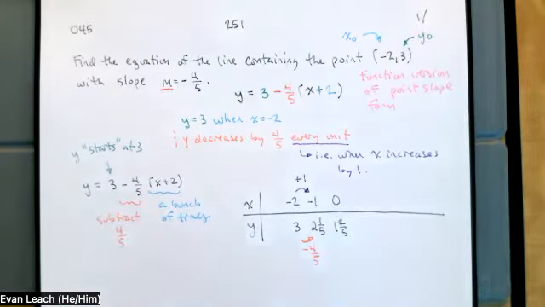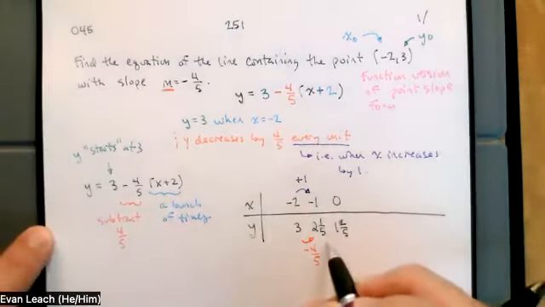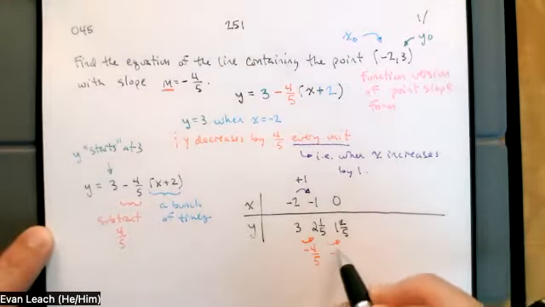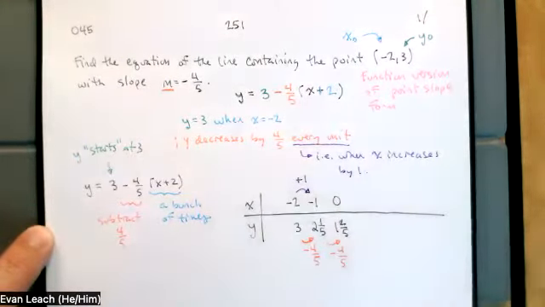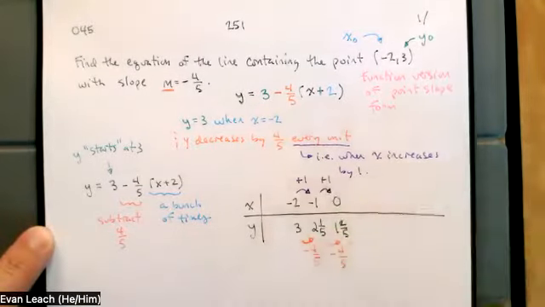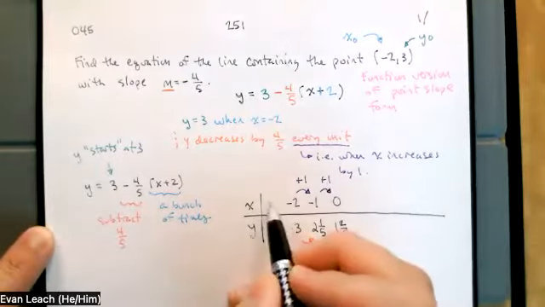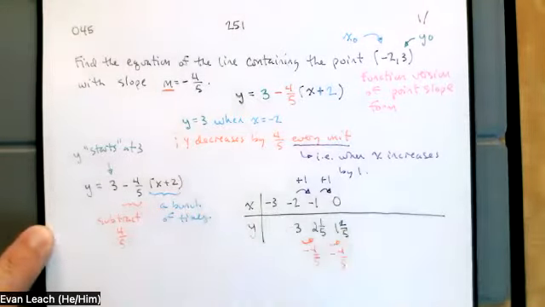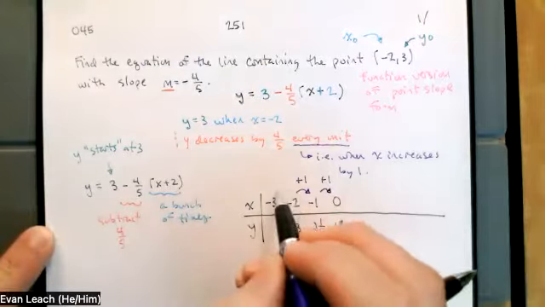We subtract 4/5 a bunch of times. And we can do this backwards as well. If I go to negative 3, that's +1 the other direction.